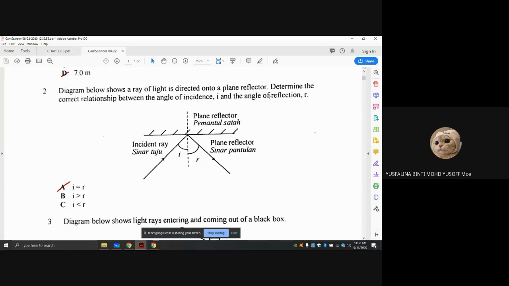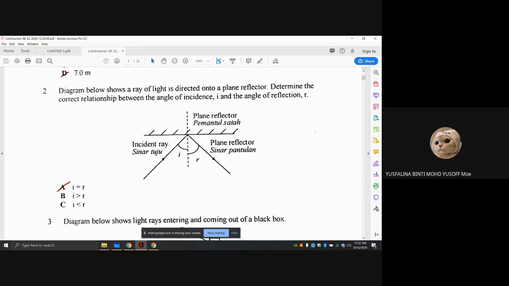The first one is the incident ray, normal line, and also the reflection ray must lie in the same plane. So I repeat, the incident ray, normal line, and the reflection ray must lie on the same plane.